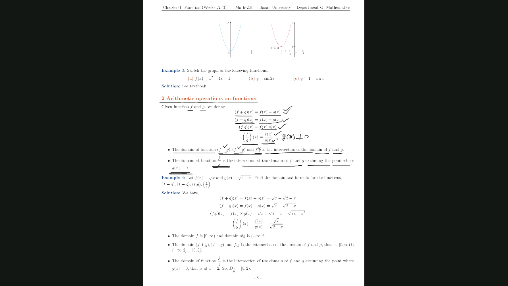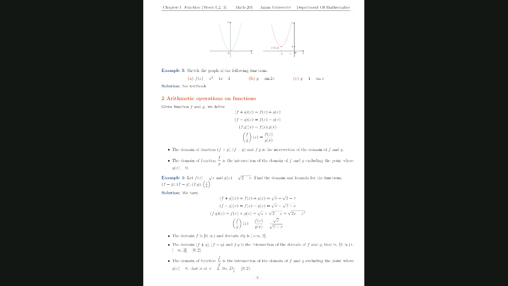Let me explain here. See this. Look over here. Domain of f plus g, and domain of f minus g, and domain of f times g. For all of these, first find the domain of f and then the intersection, the common part, with the domain of g. This is the rule. So these three domains, of f plus g, f minus g, and f times g, are all the same. You only first find the domain of f, then the domain of g, and then take the common part.